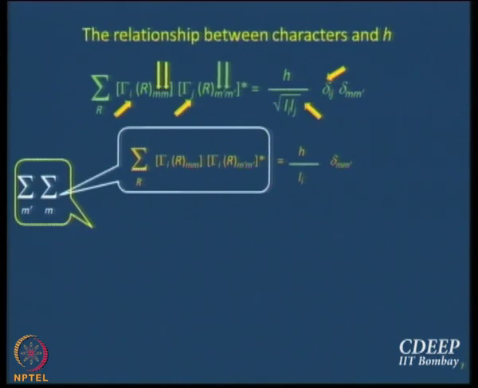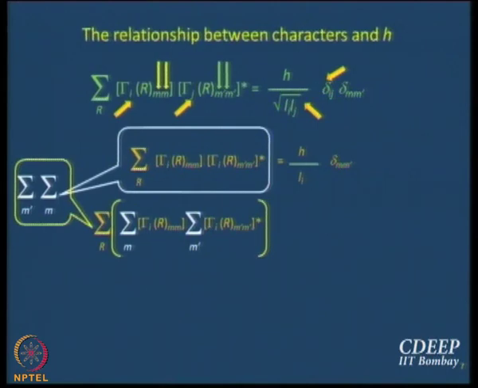Take the sum over R outside, because you have these two quantities, one in mm, the other in m dashed, and you are summing once over m, once over m dashed. So if I take the sum over R outside, I can write it like this: sum over m of gamma i R mm multiplied by sum over m dashed of gamma i R m dash star.